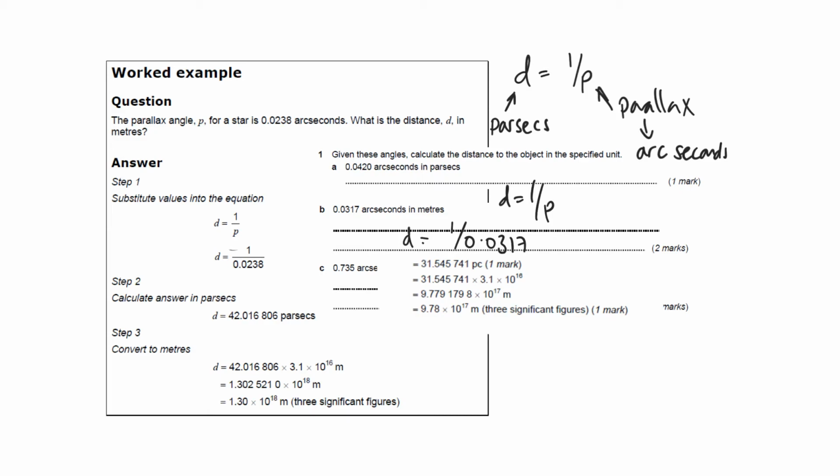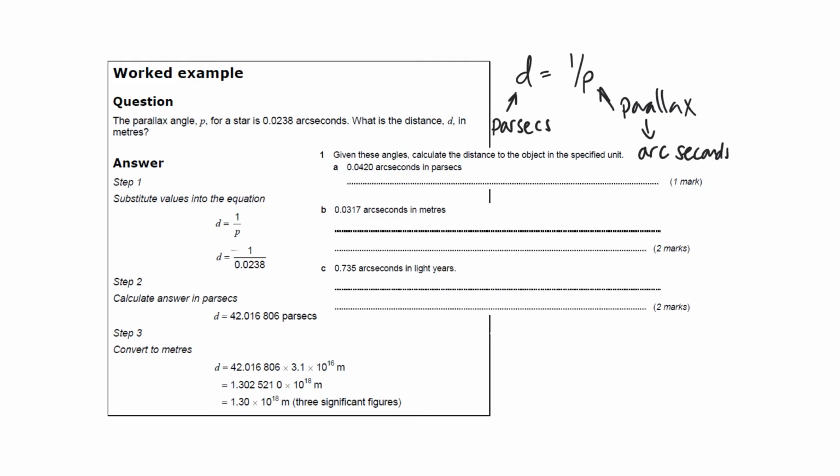Because that's still in parsecs and we need to convert into meters, using our data sheet we can see that 1 parsec is 3.1 times 10 to the power of 16 meters. That turns into 9.78 times 10 to the 17 meters.